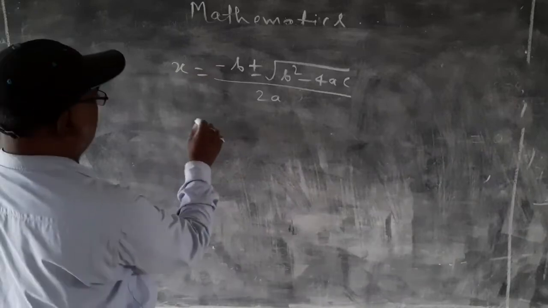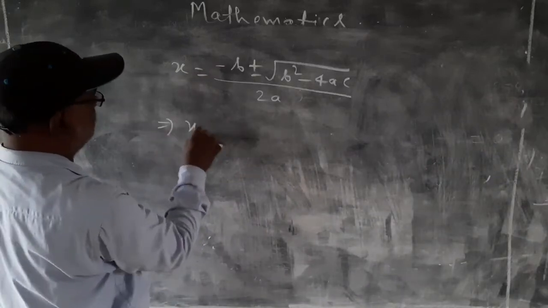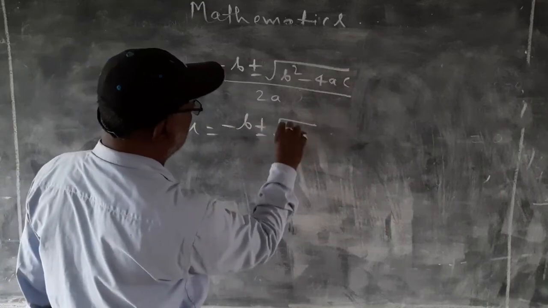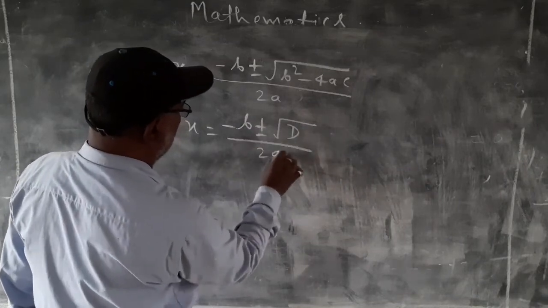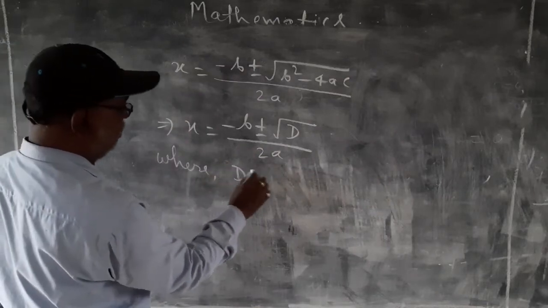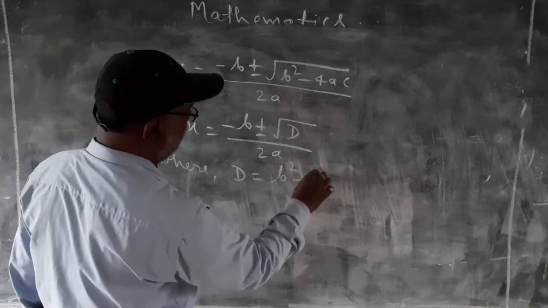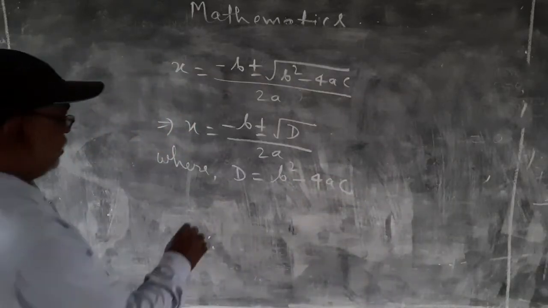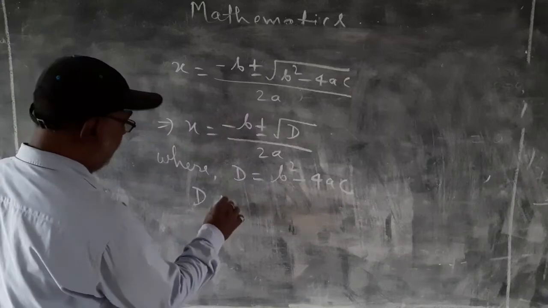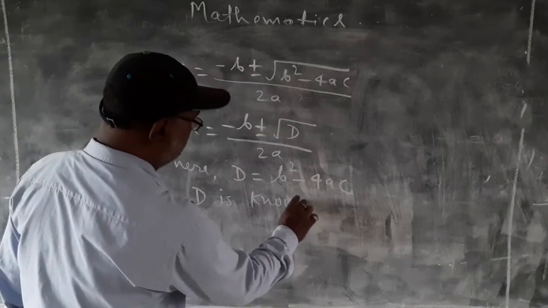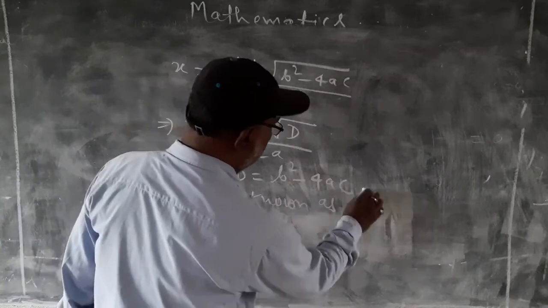Now, this can also be written as minus b plus minus under root d by 2, where d is equal to b square minus 4ac, and d is known as the discriminant.